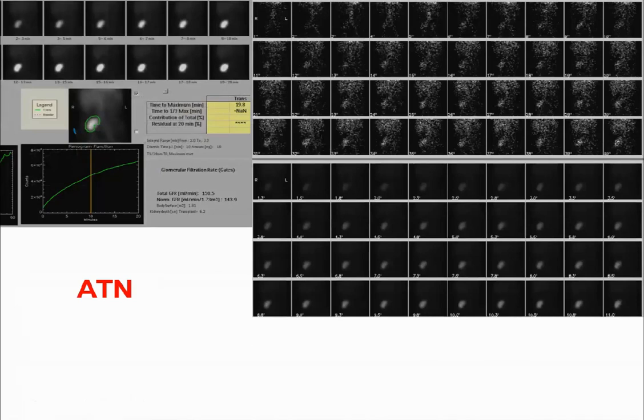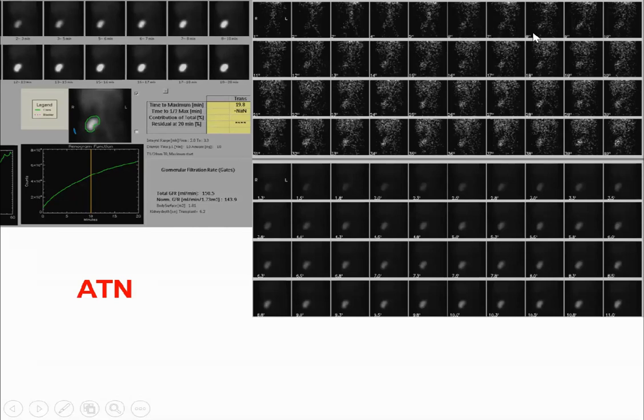Another example for ATN, as we see here, also the perfusion is mildly reduced or preserved. As we see here, this is the aorta and aortic bifurcation into both iliac arteries, and this is the graft that appeared here.